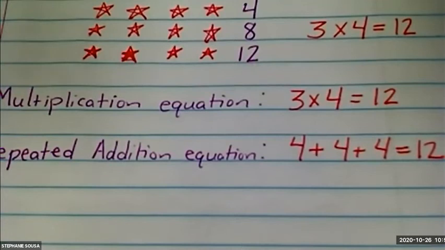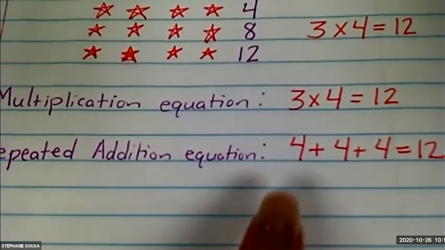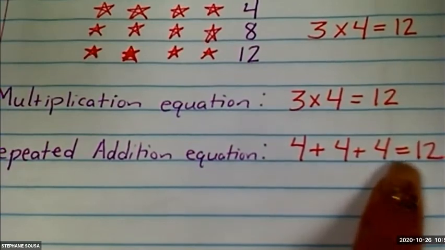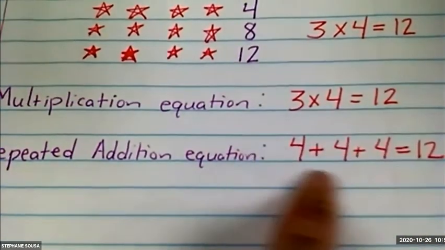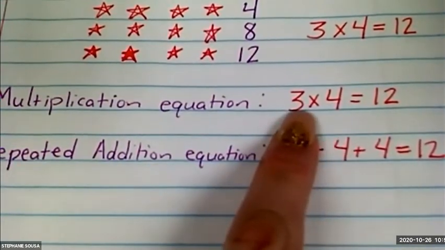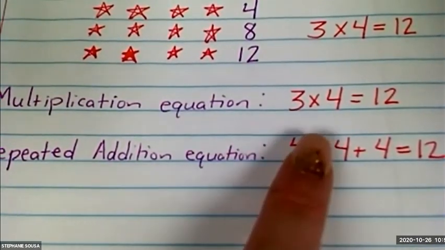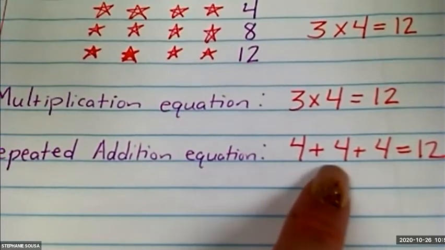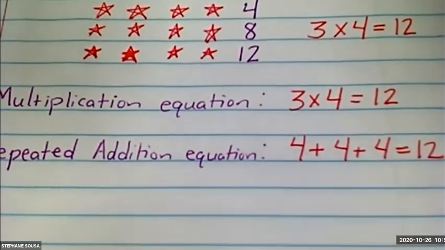So it is a simpler or faster or easier way to represent equal groups. Instead of writing out how many times we're going to add an item, we represent that by saying we're going to do this number 4 3 times. That's why we have the number 4, 1, 2, 3 times right in front of us.